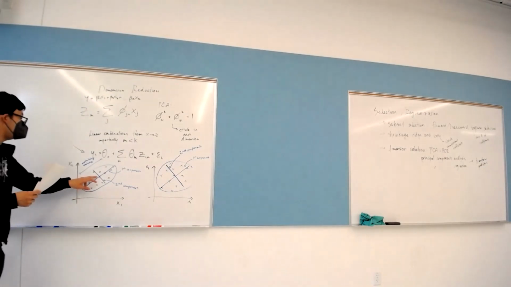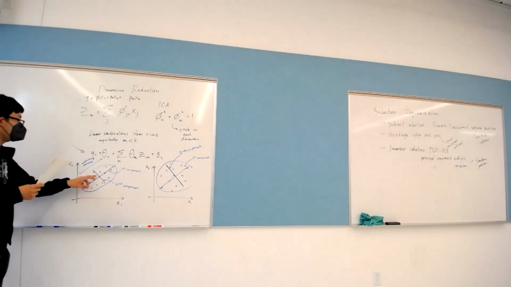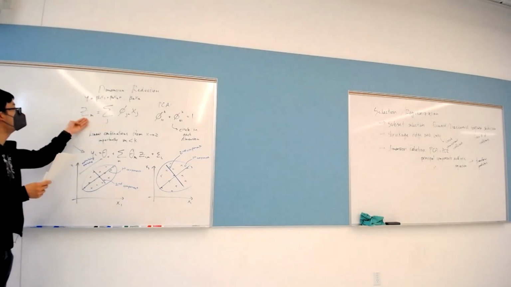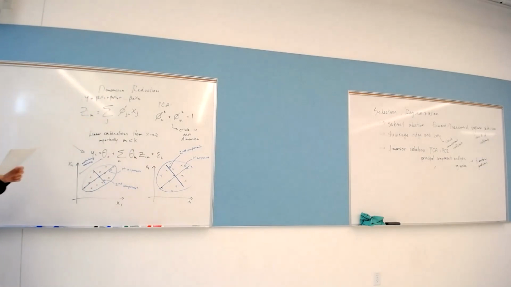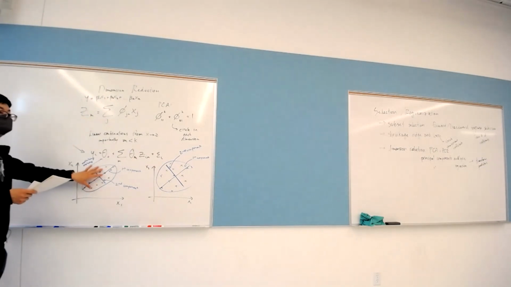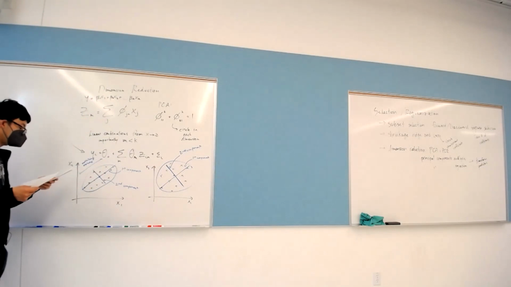The reason why it's always orthogonal is because your z's here have to be independent of each other. Okay, and so mathematically you'll always get something that looks like this.